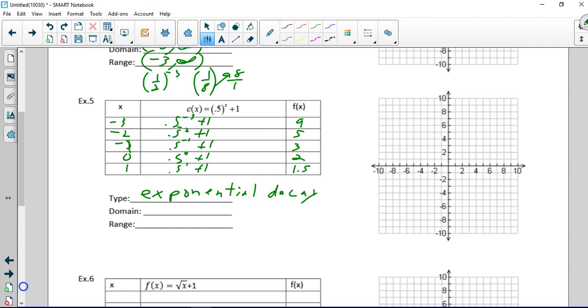So, -3, 9, -2, 5, -1, 3, 0, 2, 1, 1.5, and so forth. And if we kept going with this, we would see that it's never going to hit the number 1.